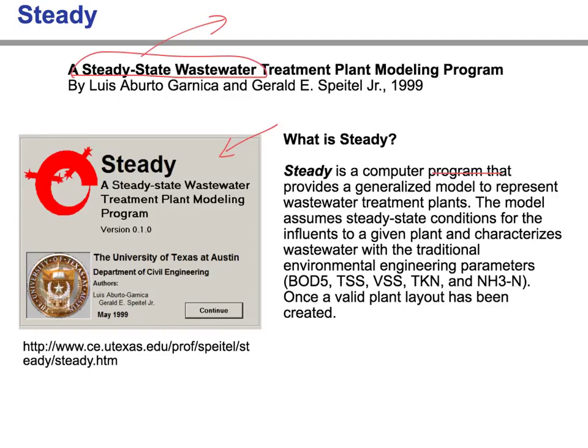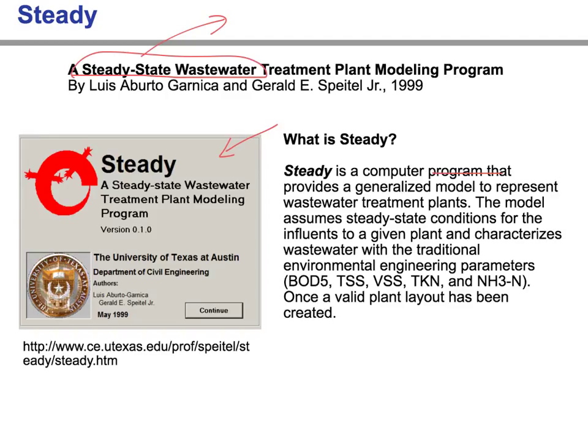In fact, there are a lot of factors that we have to consider when we design a wastewater treatment plant, and Steady includes only a small portion of those functions, but it's still enough for beginners, because that's the starting point where we can understand what kind of things we have to do when we design this wastewater treatment process.